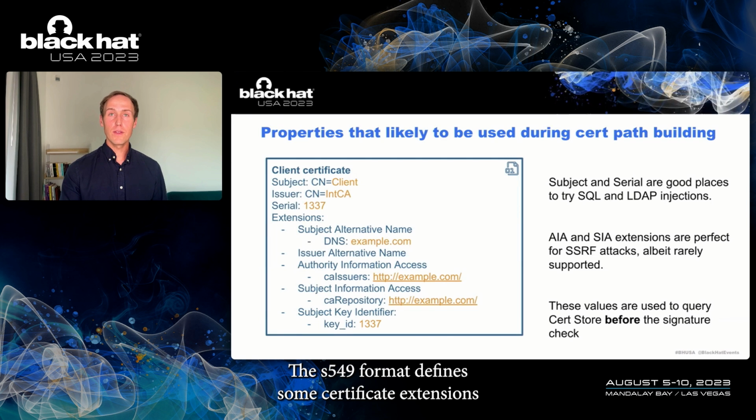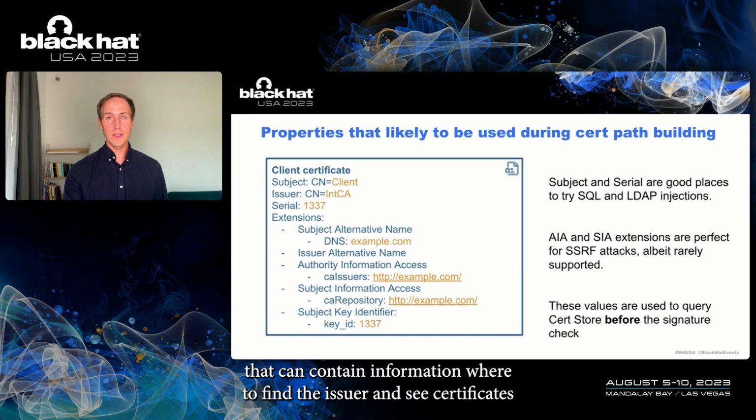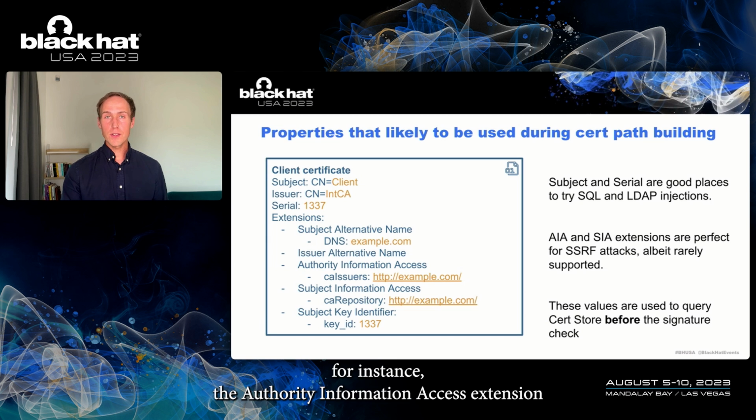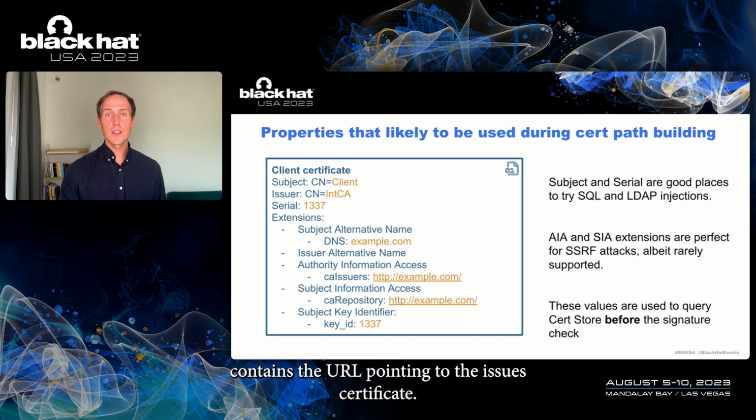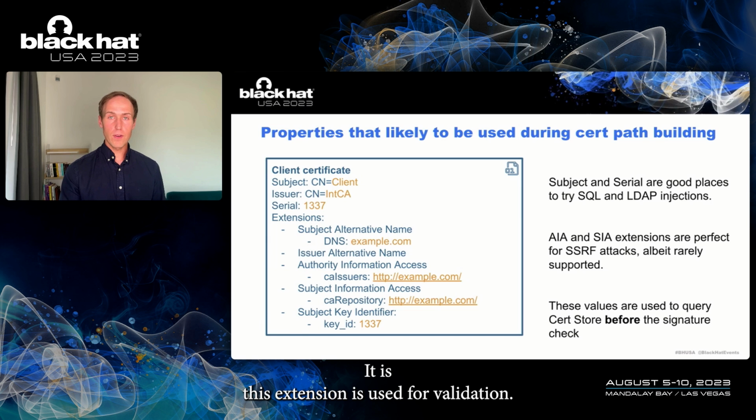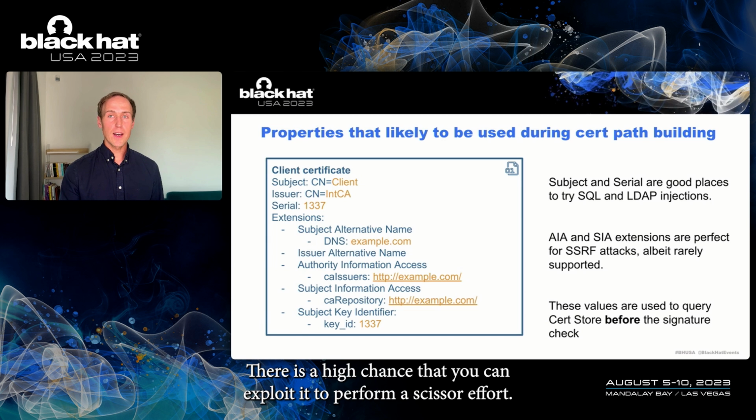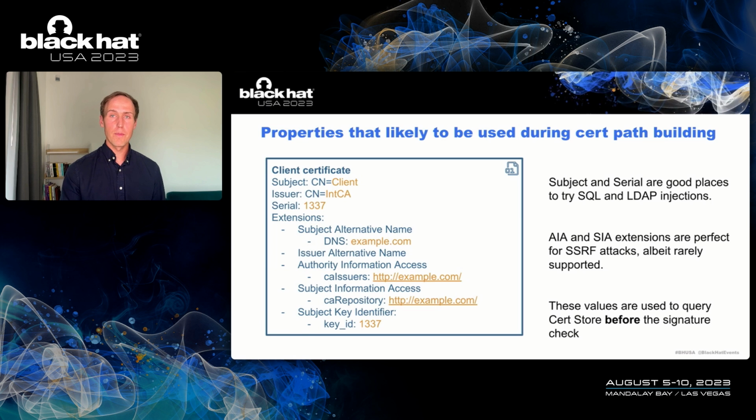The X509 format defines some certificate extensions that can contain information about where to find the issuer and CA certificates. For instance, the Authority Information Access extension contains a URL pointing to the issuer's certificate. If this extension is used for validation, there is a high chance that you can exploit it to perform an SSRF attack.